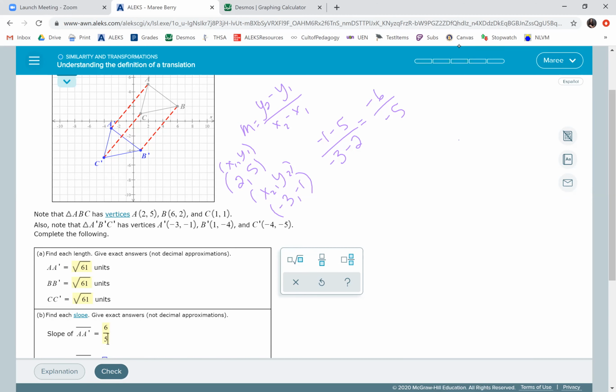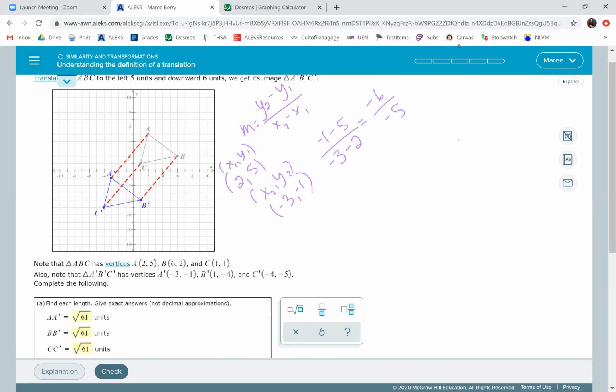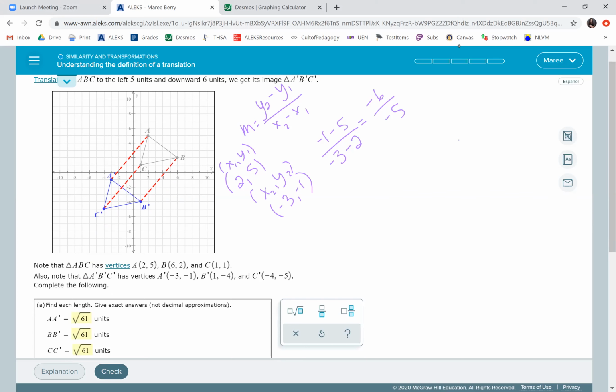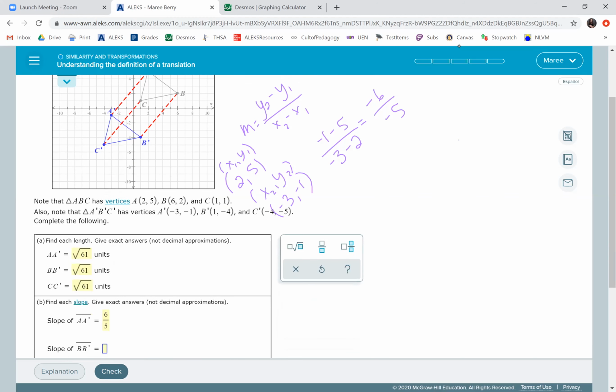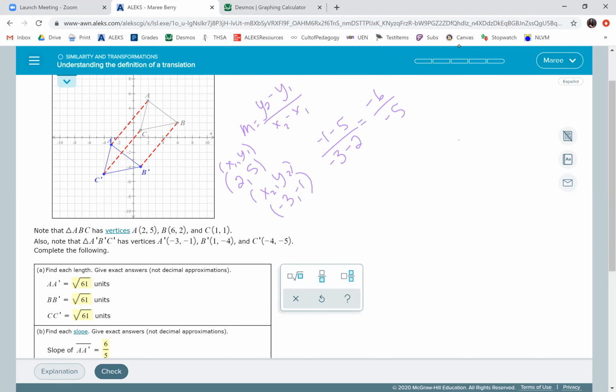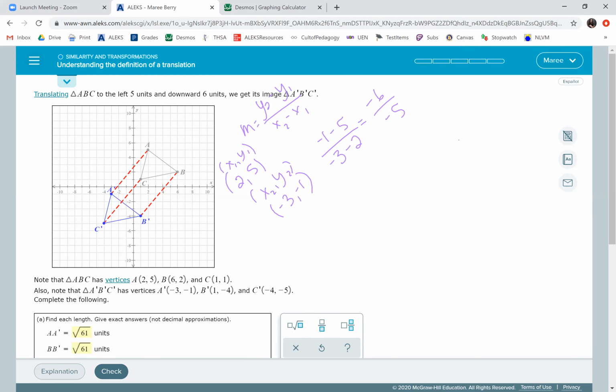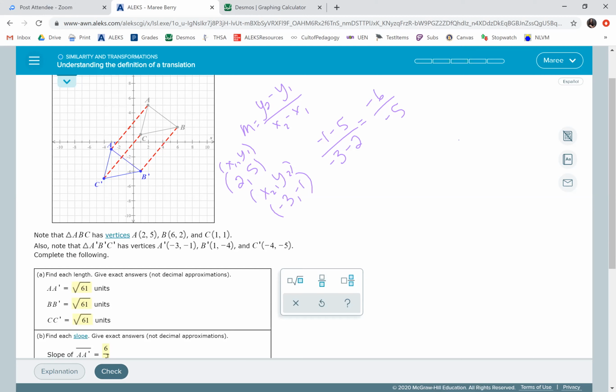We can also look at it: from A to A prime, yeah, that's positive, and we went up 6 and over 5. If you just look at the picture, you can see it's a positive slope. We're going up 6 and over 5.